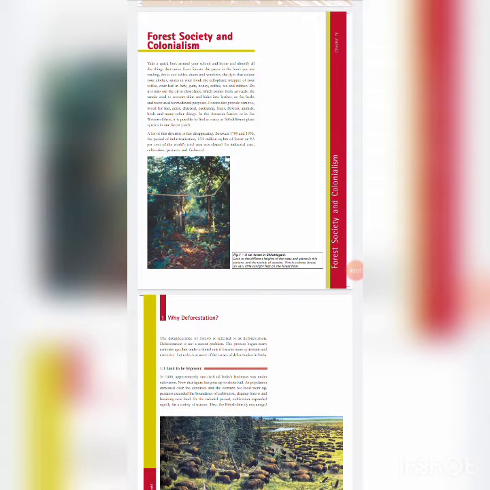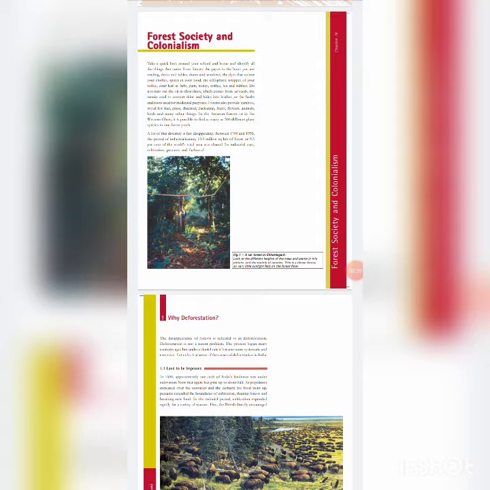Today we will discuss class 9th history's 4th chapter, Forest Society and Colonialism. Forest society and colonialism talks about the growth of industries and urban centers, ships and railways, new demands on the forest for timbers and other forest products.